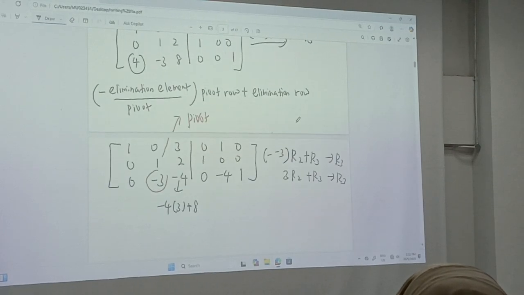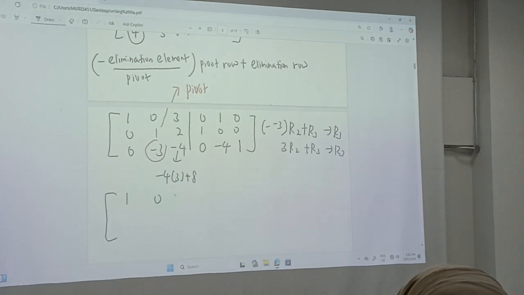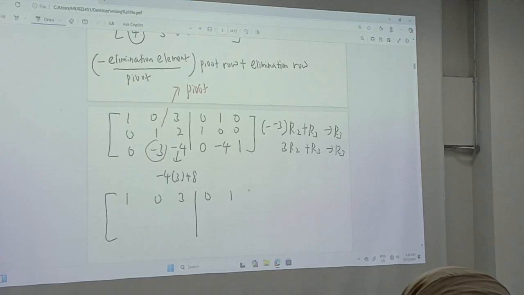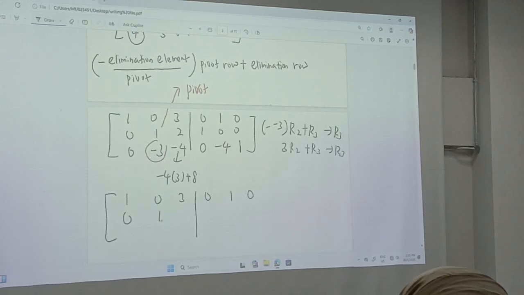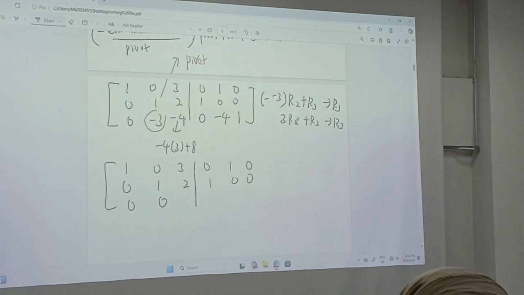Okay? So as a result, negative 3 will turn to 0. Okay? So here we need to do the calculations.